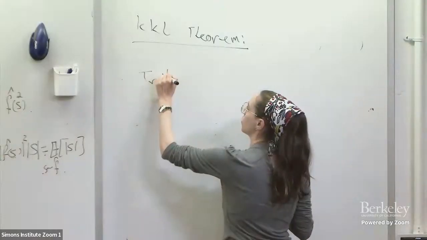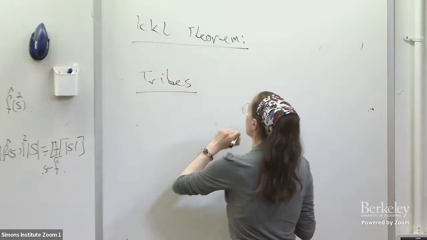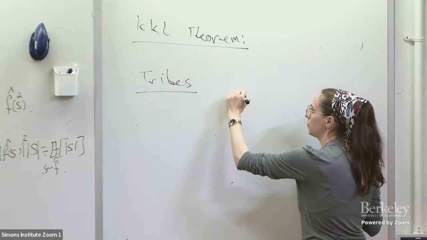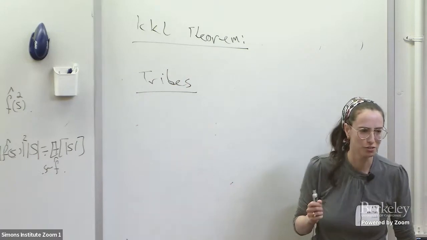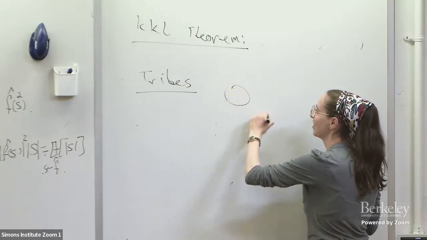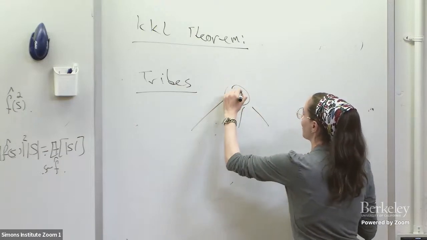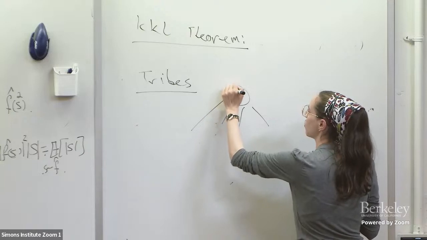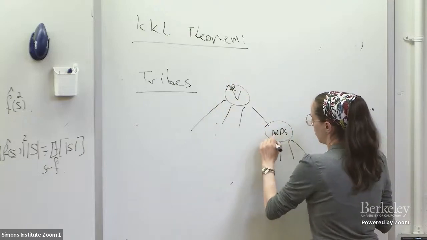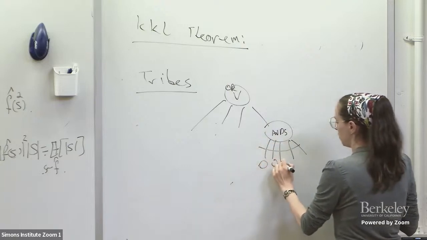Let's talk about it. It's the function OR of ANDs: you take the OR function of many ANDs of many bits.